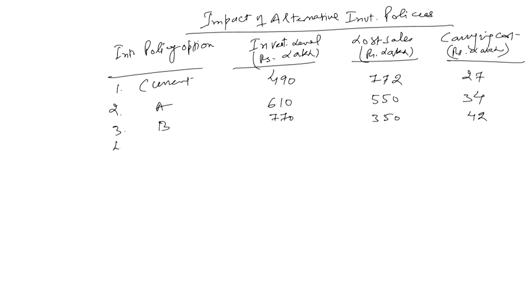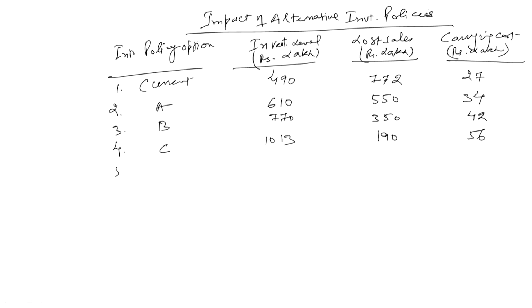And then at the fourth level, if they go from B to C, inventory level will go up to 1013 lakhs, lost sales will seriously come down to 190 and the carrying cost will be 56 lakhs.